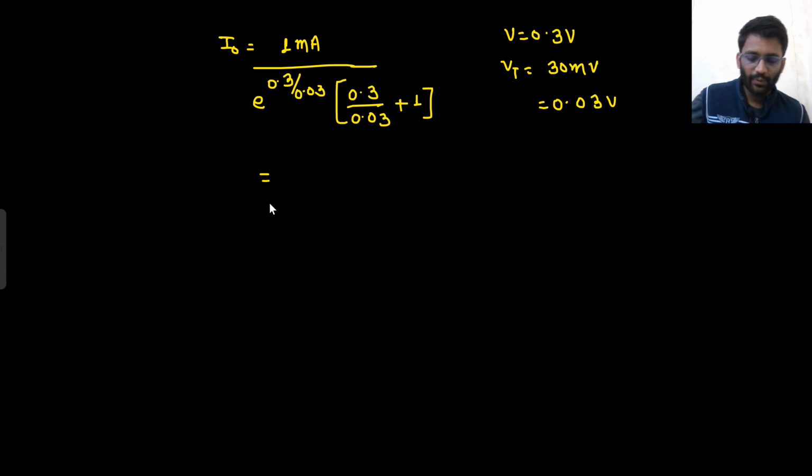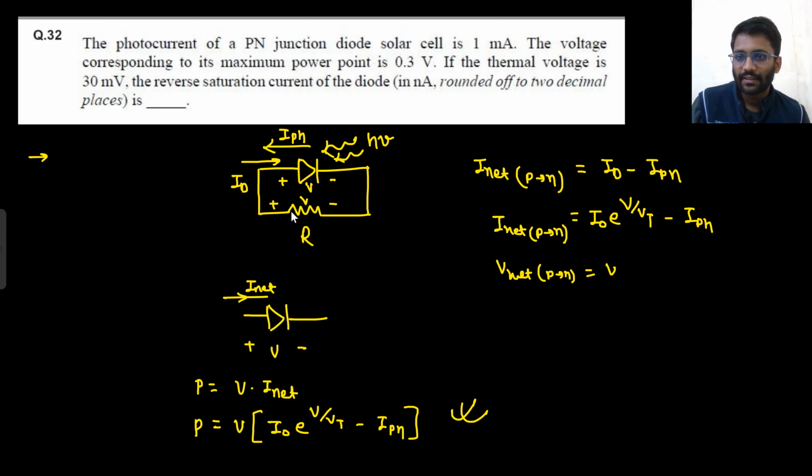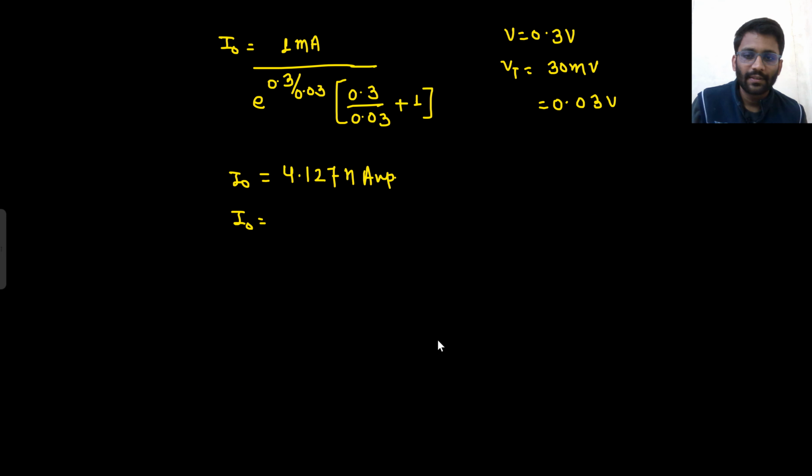So 4.127 nanoampere. This is what we are getting. So to how many decimal places did they ask? 2 decimal places. So the nearly answer would be 4.13 nanoampere. This will be the final answer.